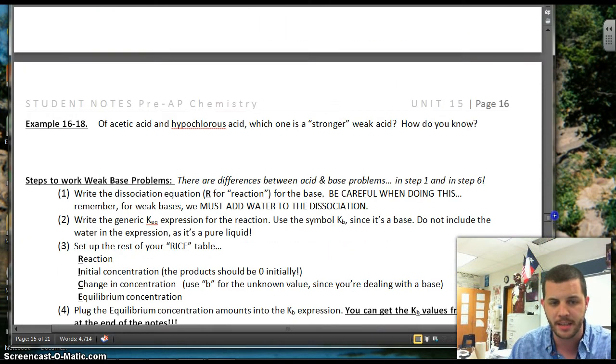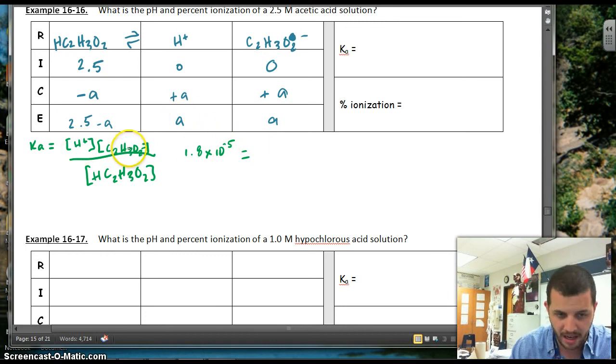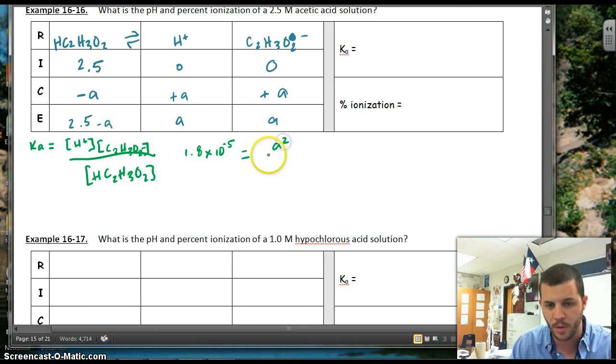So my Ka is 1.8 times 10 to the negative fifth power equals, well, H is A, acetate is A, so I've got A times A, which is A squared.